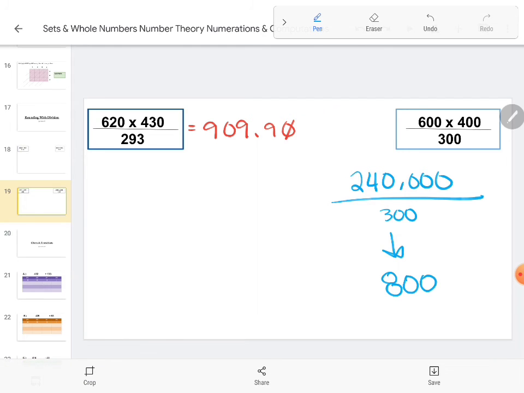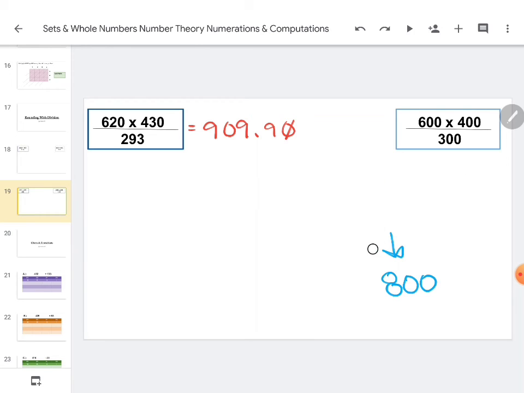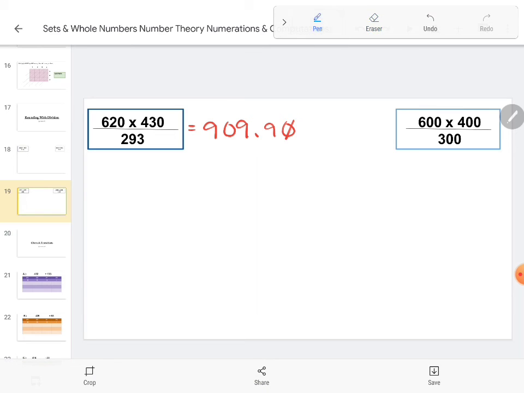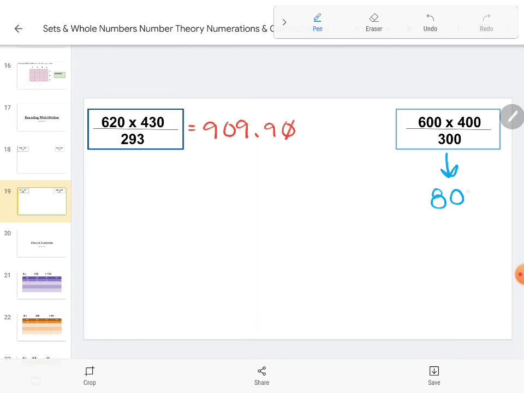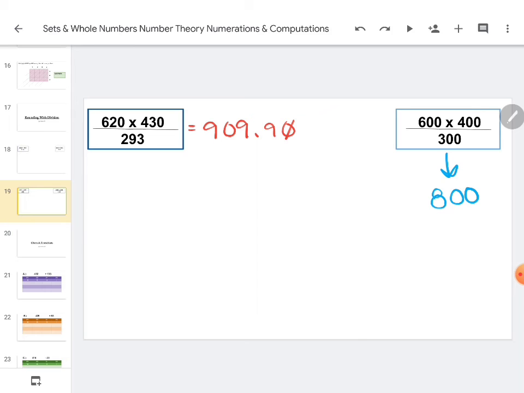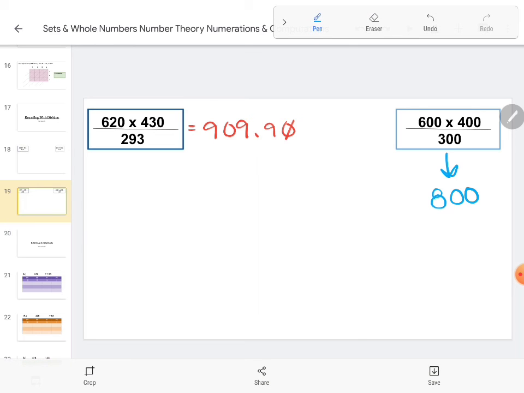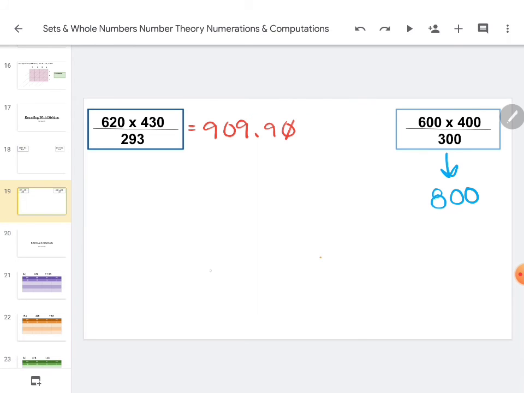Now, as you can see from our rounding, we were close to our actual solution, but unfortunately we were about 109.9 off.